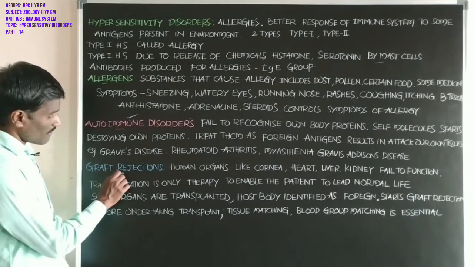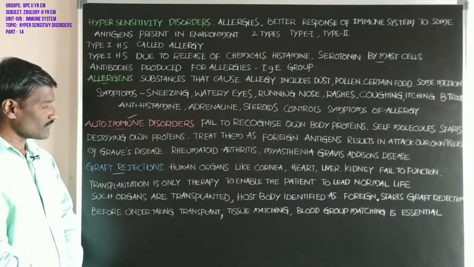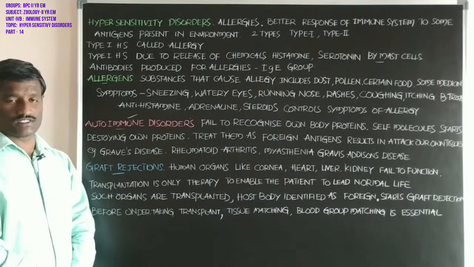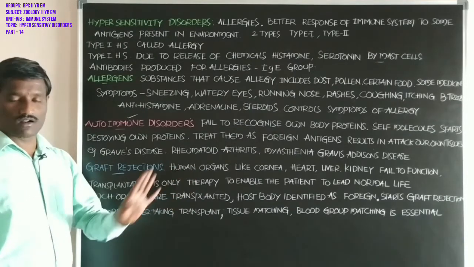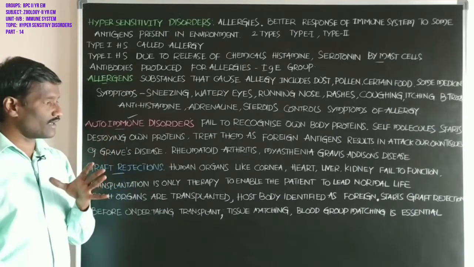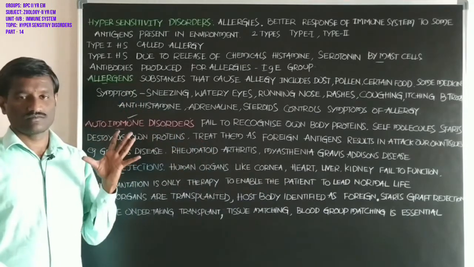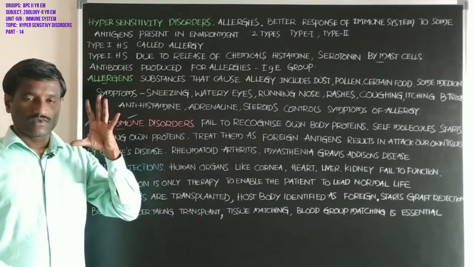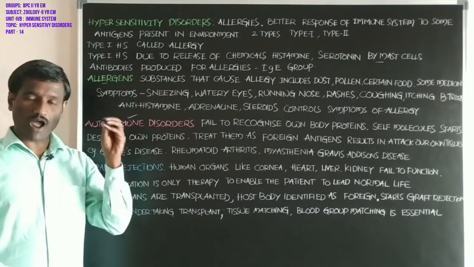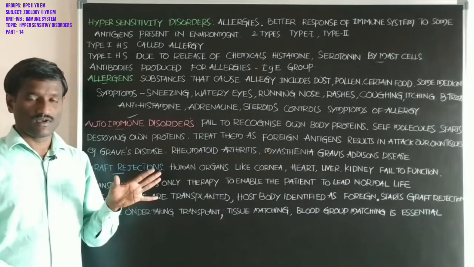Next, student, graft rejections. What about graft rejections? Human organs like cornea, liver, kidney, heart fail to function properly.